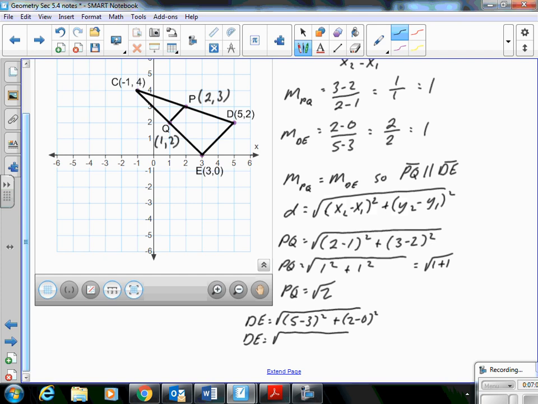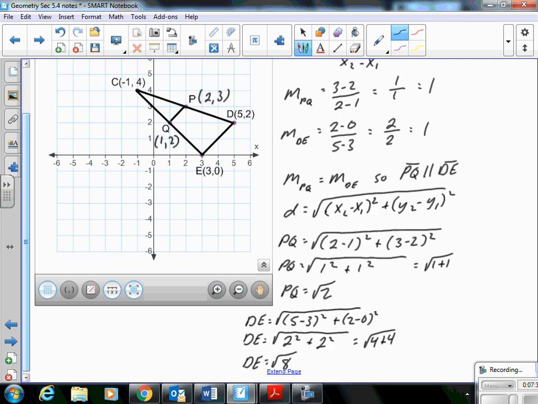So 5 minus 3 is 2, so we've got 2 squared. 2 minus 0 is 2 squared. So 2 squared is 4. That's going to be the square root of 4 plus 4. 4 plus 4 is going to give us d equals the square root of 8.